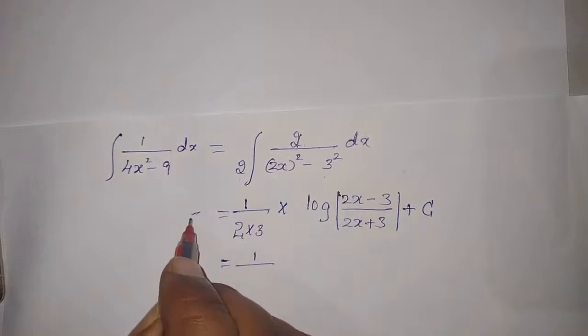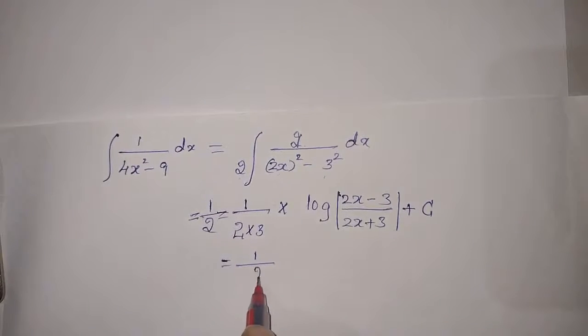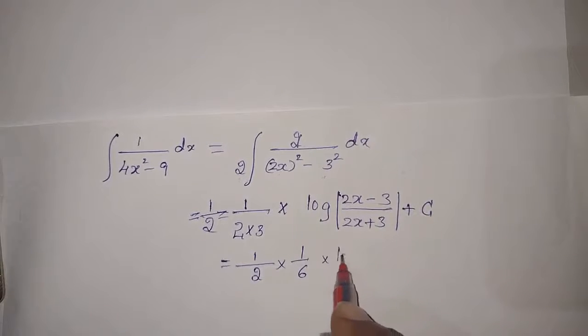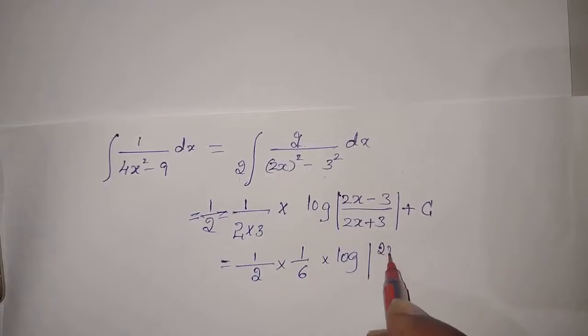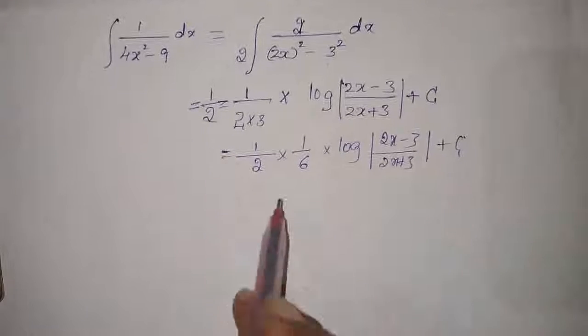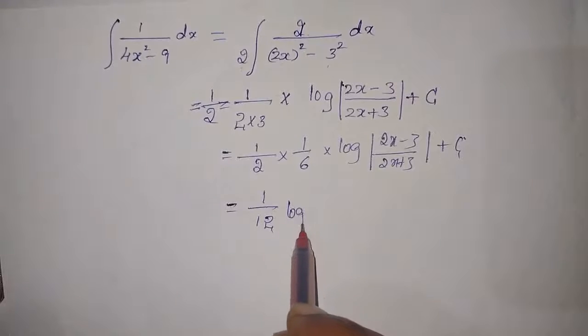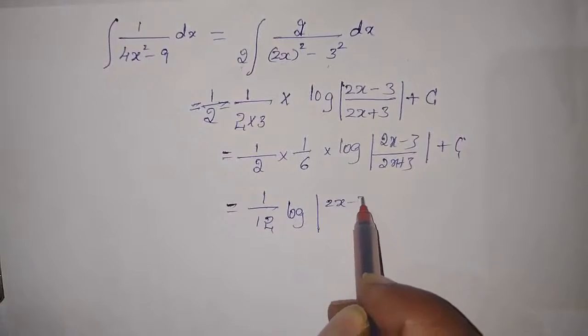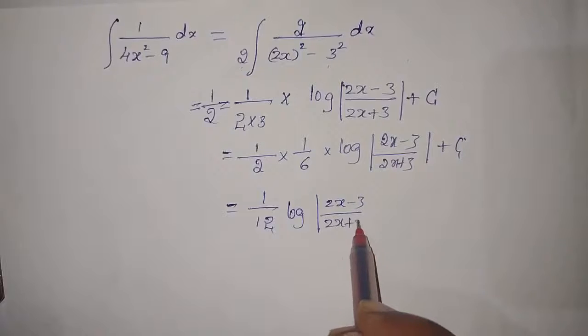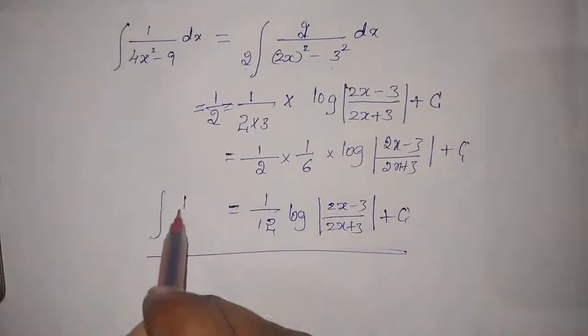Clear? So in the denominator we have one more 2, so 1 by 2 into 1 by 6 into log of 2x minus 3 by 2x plus 3, plus c, which is also equal to 1 by 2 into 1 by 6, that is 1 by 12 log of 2x minus 3 by 2x plus 3. This is the required solution for this problem.